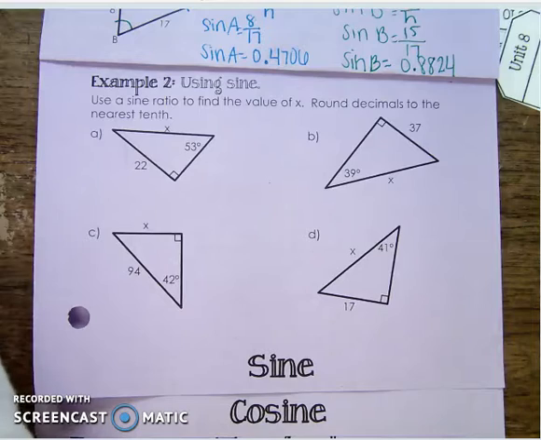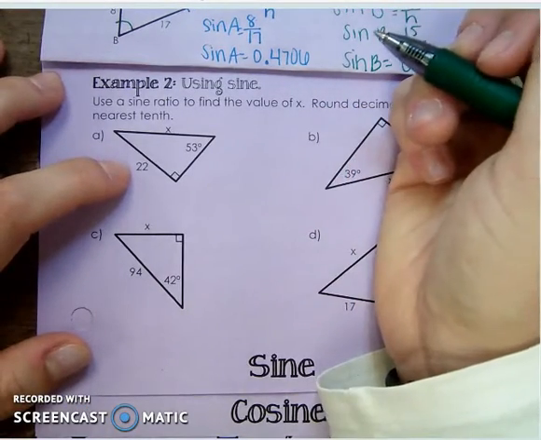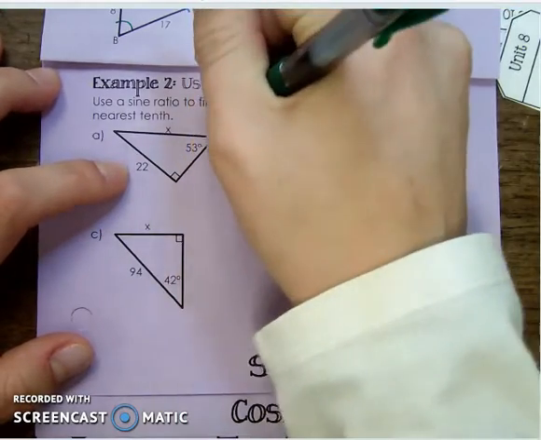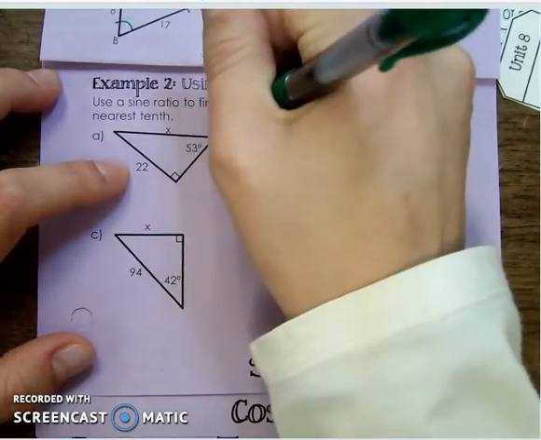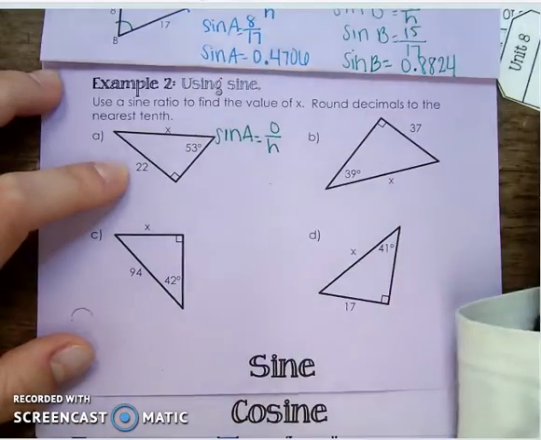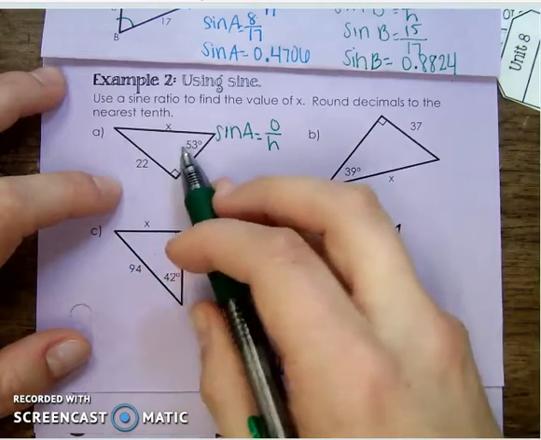The first thing that I want to find is the sine ratio of A. So sine of A is our opposite over the hypotenuse. But I have what A is.